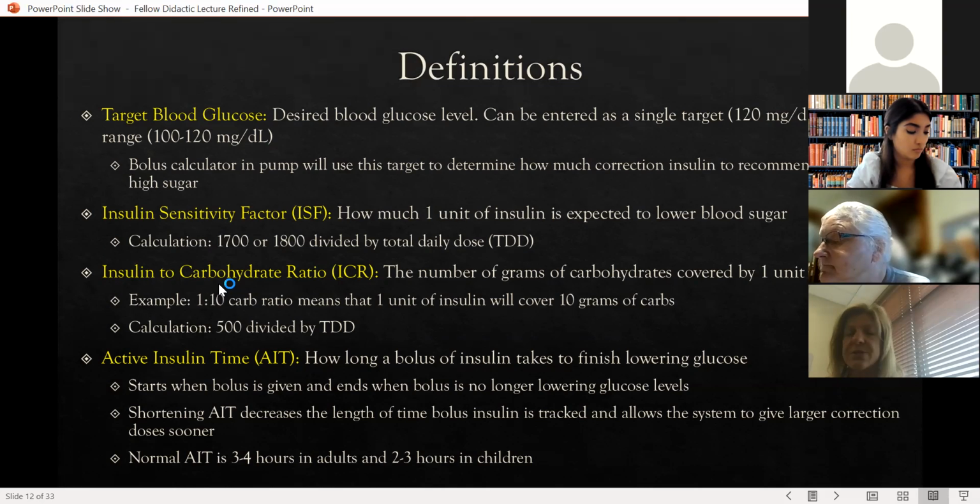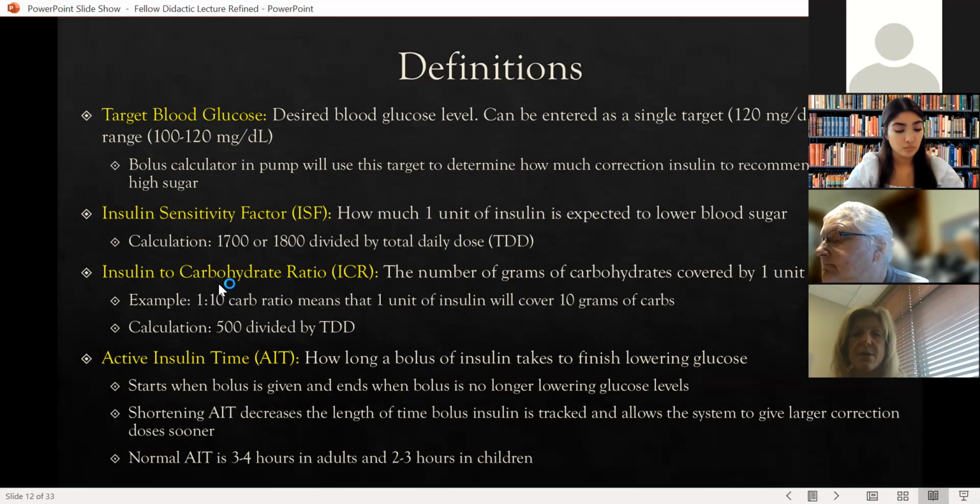Insulin to carb ratios, that is the same as what we would do even in injections. So do they get 1 unit per every 5 grams of carbs, or do they get it per 10 grams of carbs? There is a way to calculate it. When you have new startups or someone you're just putting on insulin, and they learn how to carb count, it is 500 divided by the total daily dose of insulin. So that gives you an idea of where you would start.